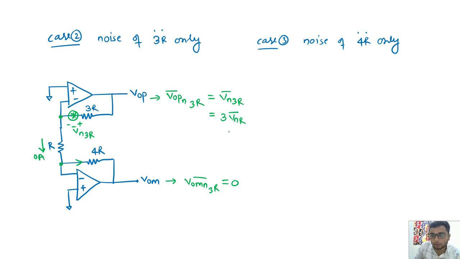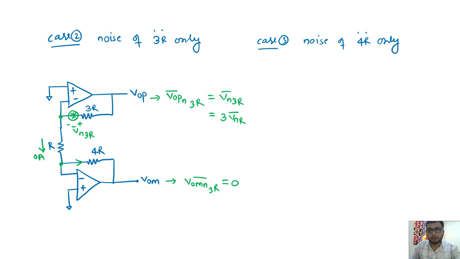I am writing all the noises in terms of the resistor noise Vn of R, because the resistor here is 3R. So it is not directly like this; for R it is VNR, and here the resistor is 3, so it is 4 KTR.